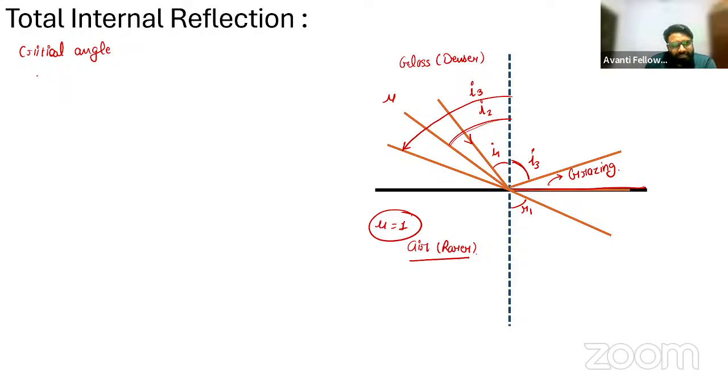So if I apply Snell's law here, it will become mu of glass, which is mu, sine of this i2, which is defined as C because it is the critical angle. Mu sin C is equal to 1, the value for air, into sine of the refracting angle, which will become what? This one, 90 degrees.